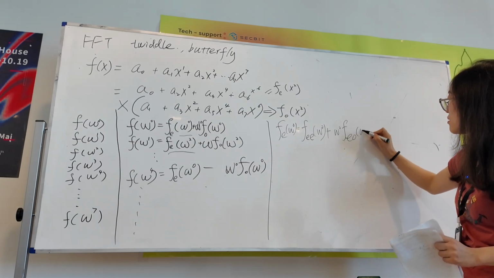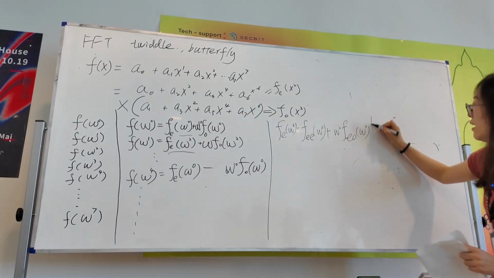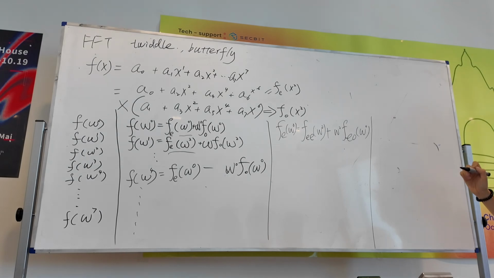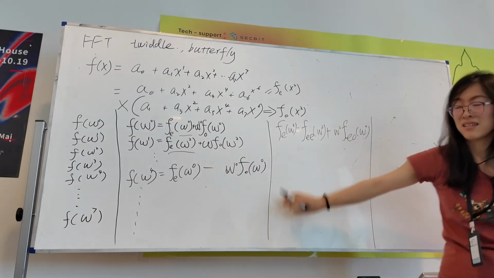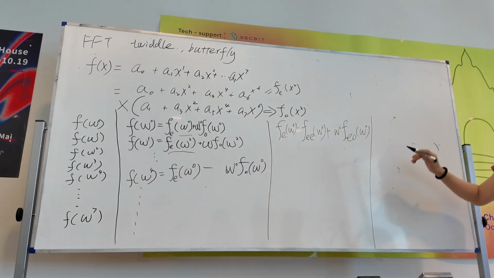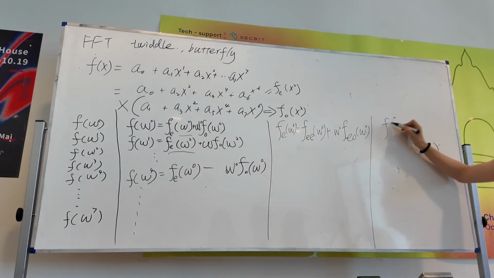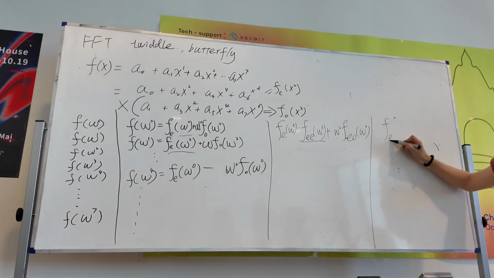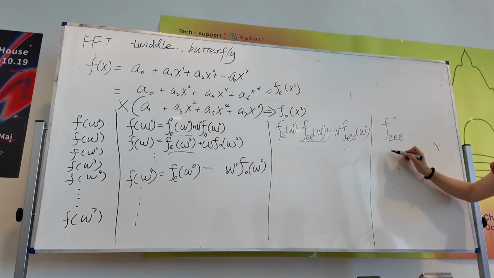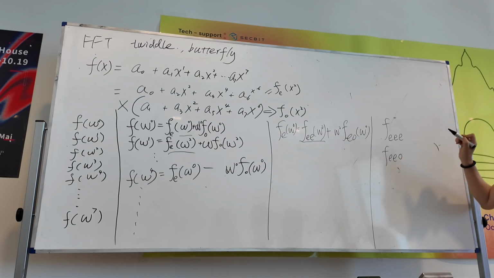Even odd 0, and this is the second layer. Then I continue, it's the same thing, you do the split to the end. I need to compute this one, even, and also even, odd.